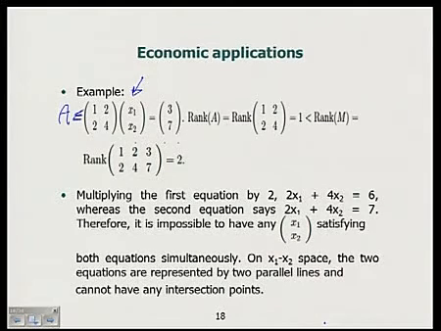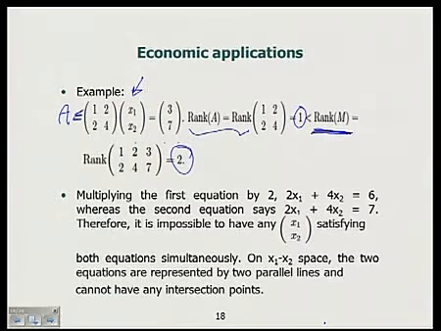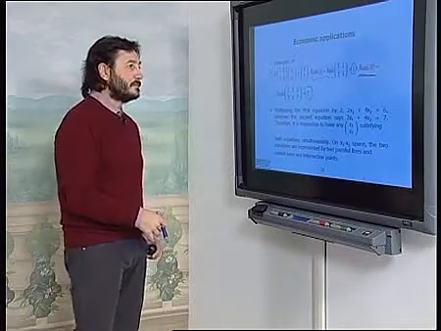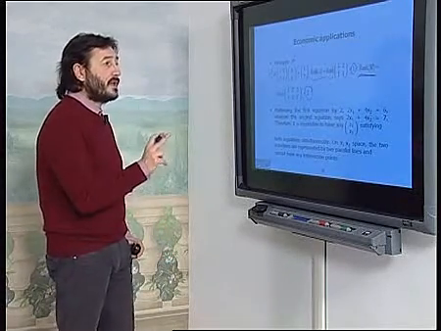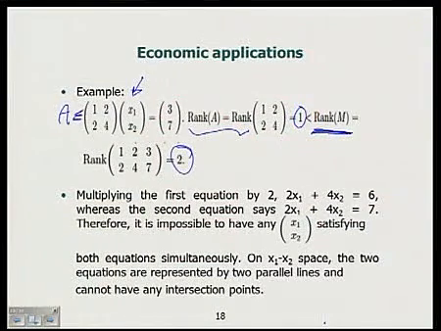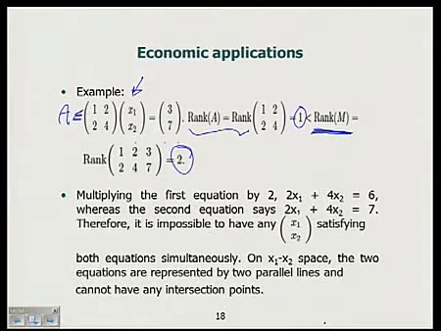It is impossible. The rank of A is 1, but the rank of the augmented matrix is 2. Then it's impossible to have a solution, because the rank of A is smaller than the rank of the augmented matrix.